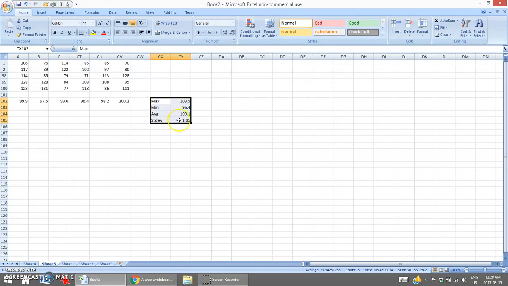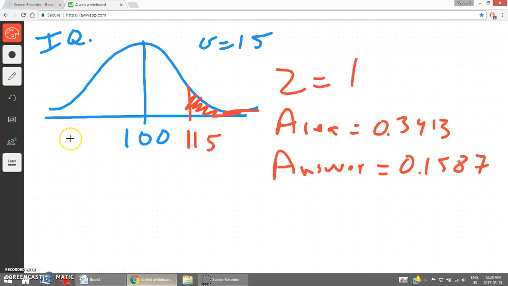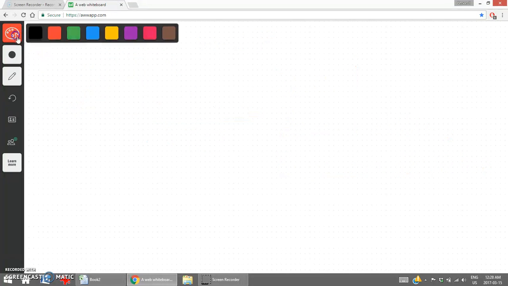So sample size becomes very important in this section. So let's take a look at what this means. There is a certain sample distribution of the sample means. So let's write that in here.